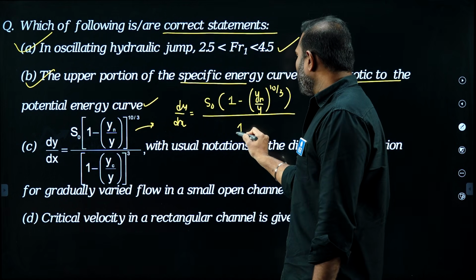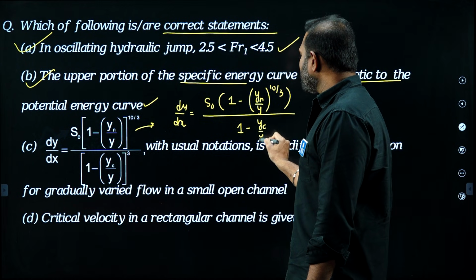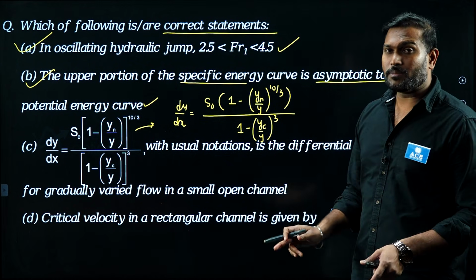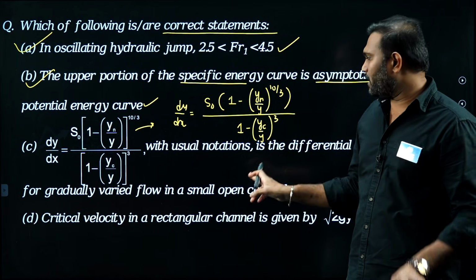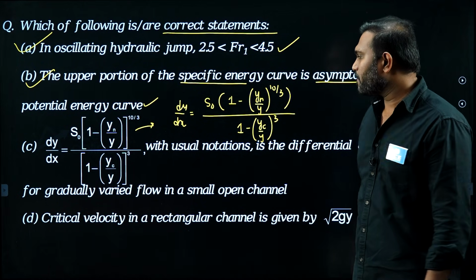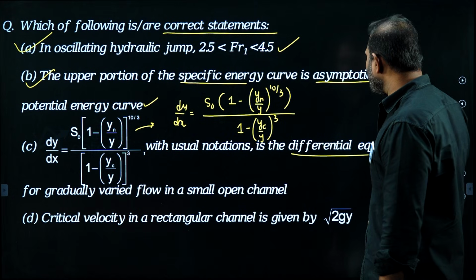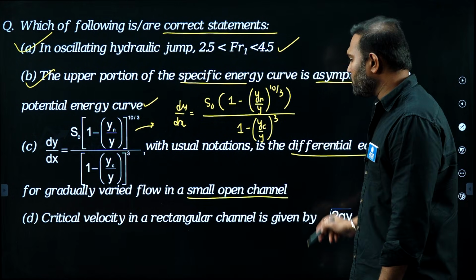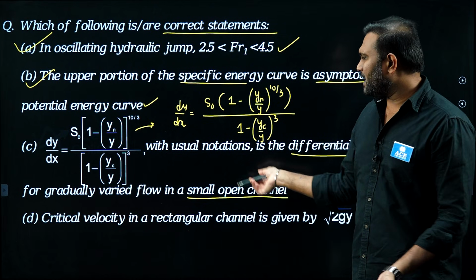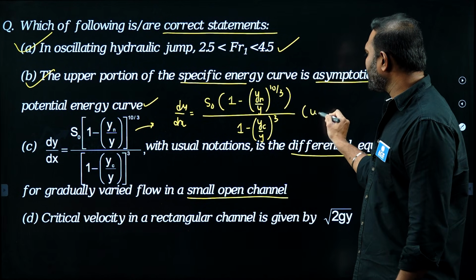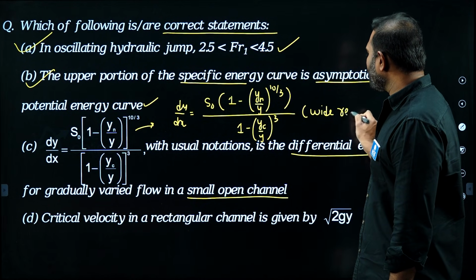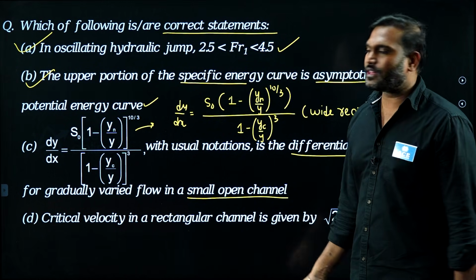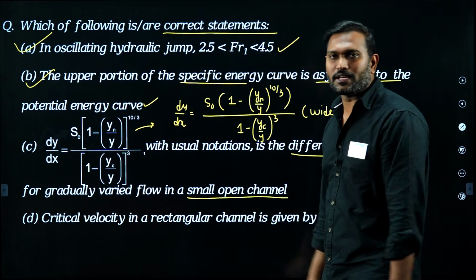So it is not 1 minus yc by y for the entire thing, it is a cube for only yc by y. In the usual notation, this is the differential equation for gradually varied flow in a small open channel. First of all, this equation is for a wide rectangle, not even for a small open channel. So even if they have given that wide rectangle, that equation itself is not correct.